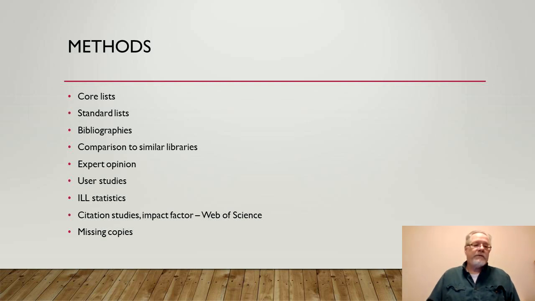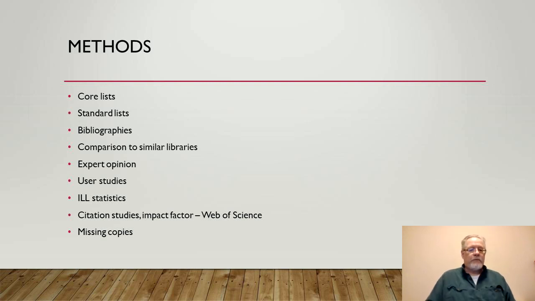There are standard lists, lists that are not particularly core lists, but maybe lists in journal articles, different things that say these are the standard things that you should have in a collection. There are bibliographies. You might find a reference where in the back of the reference it says these are the things that this book recommends, this book has in its bibliography, so your library should have these things too.